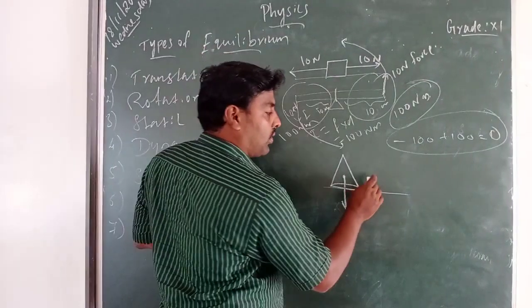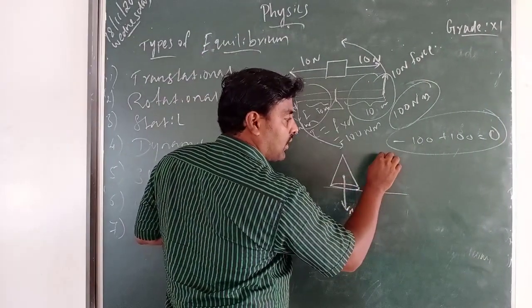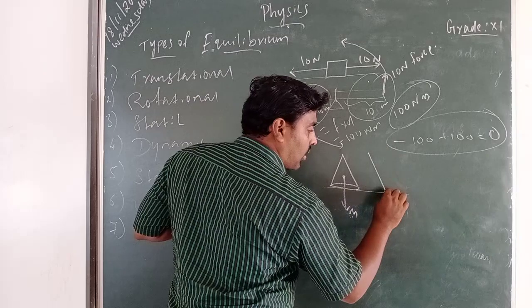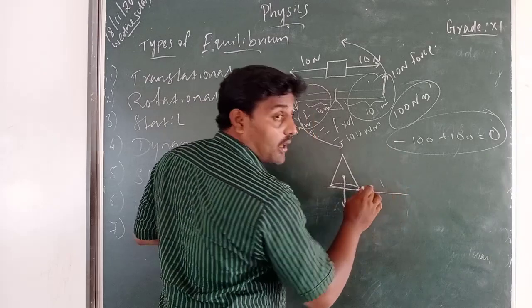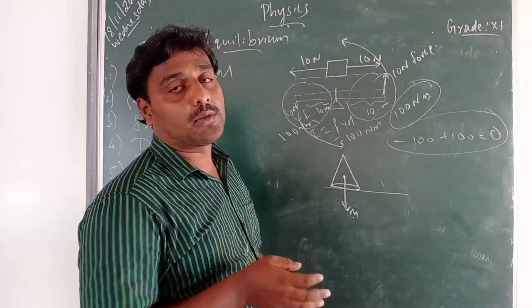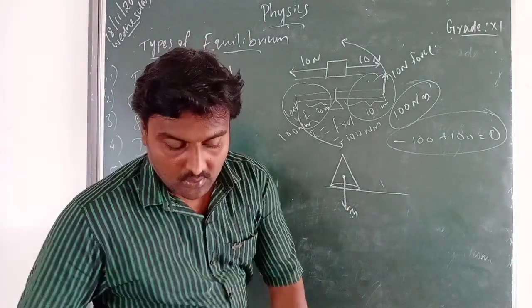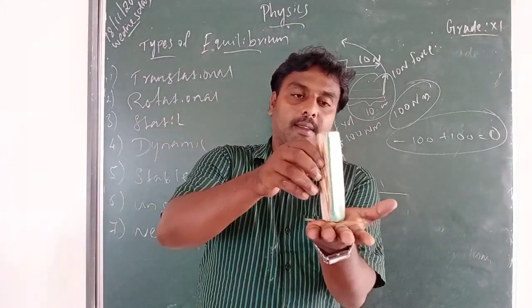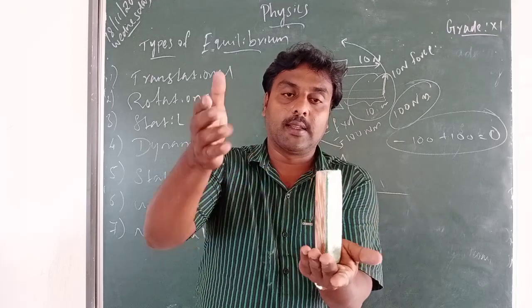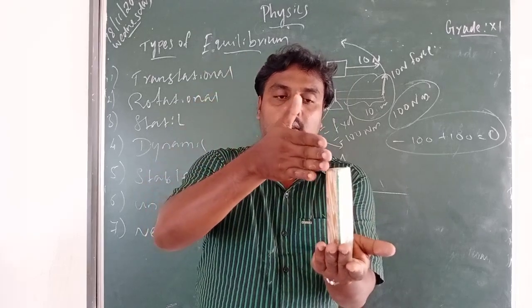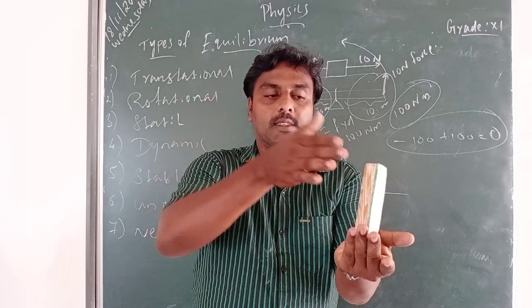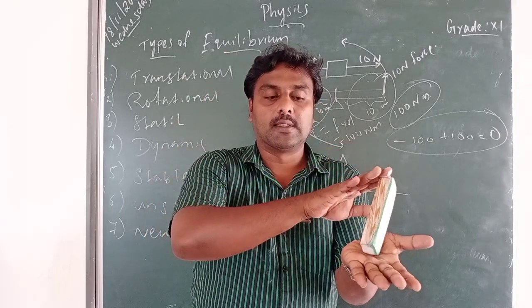I will tell you how. Suppose this same cone is tilted slightly. Tilted means you displaced it slightly. Assume one cone is like this, and you are just displacing it like this.